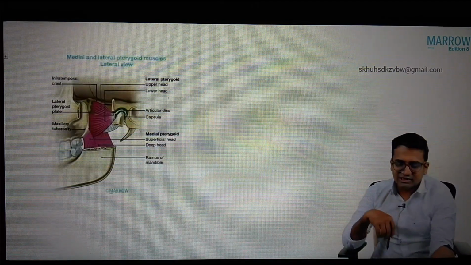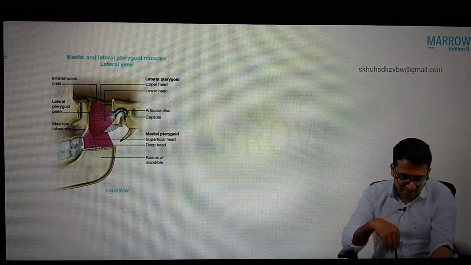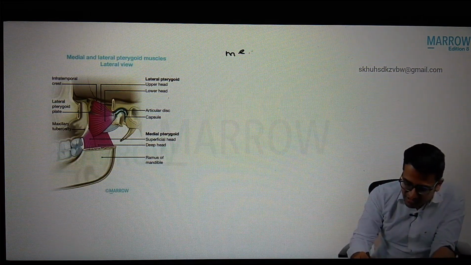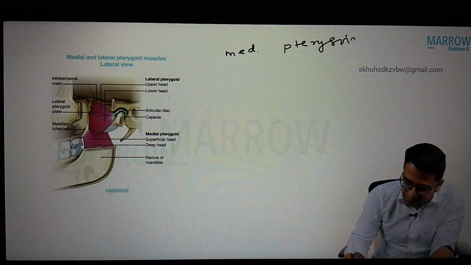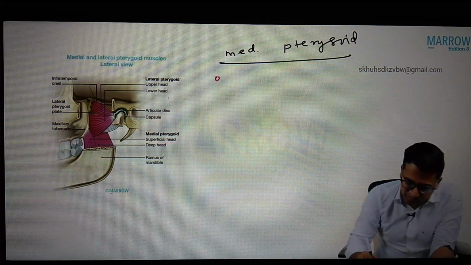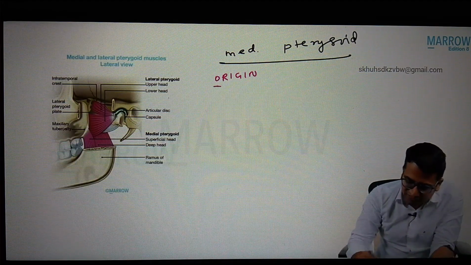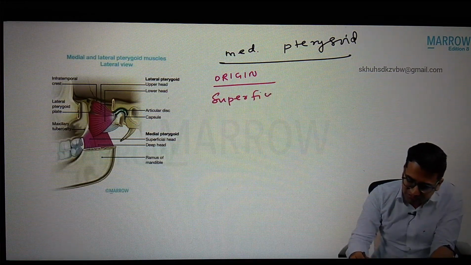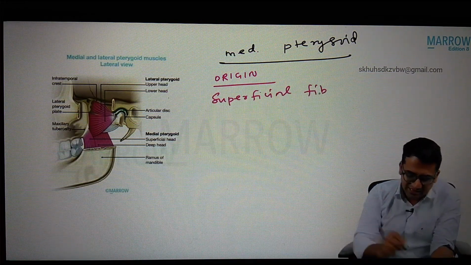And now we are seeing the medial pterygoid muscle. Yes, origin. Now we have superficial fibers and deep fibers. The superficial fibers, see the diagram?